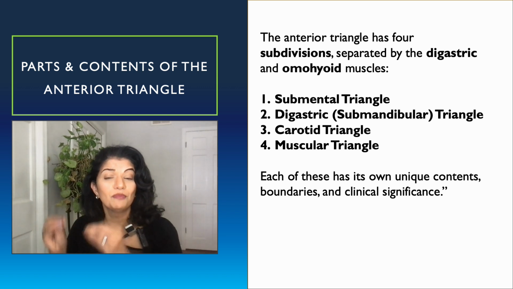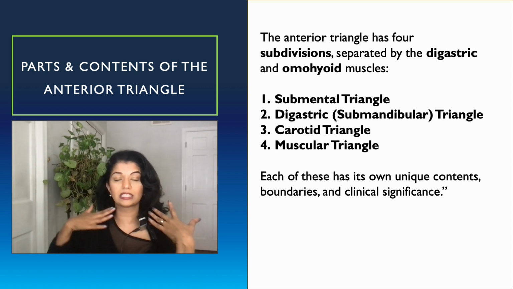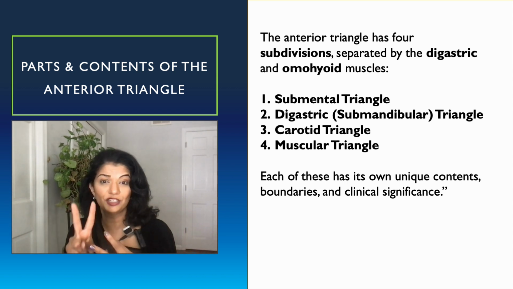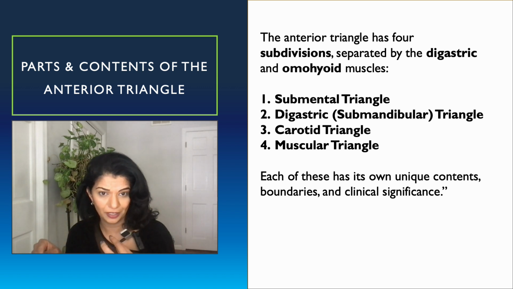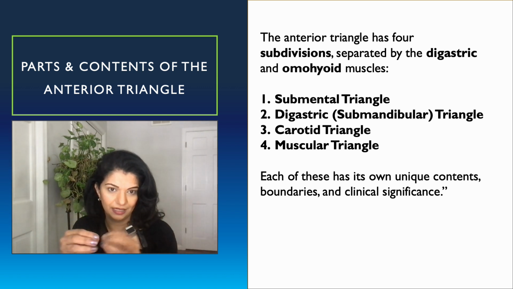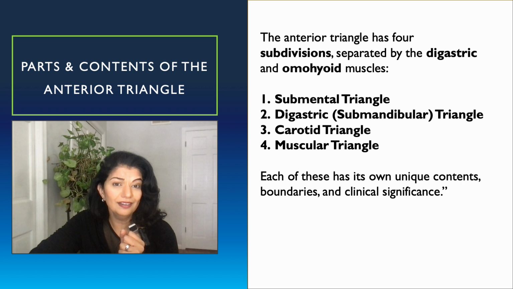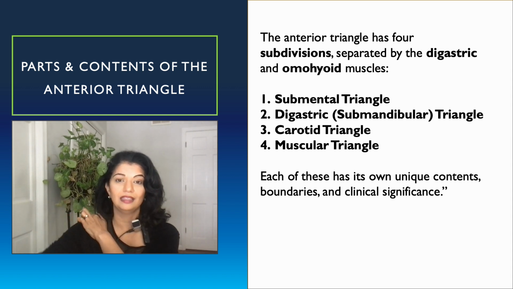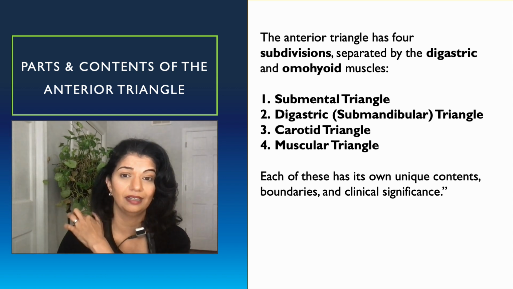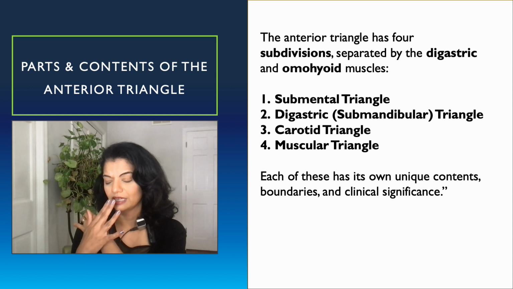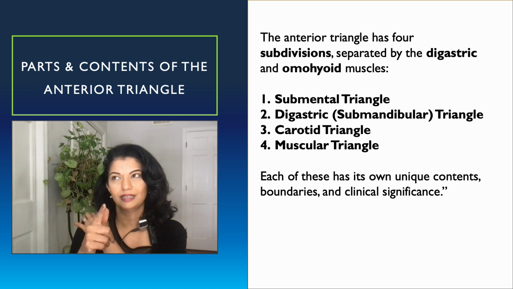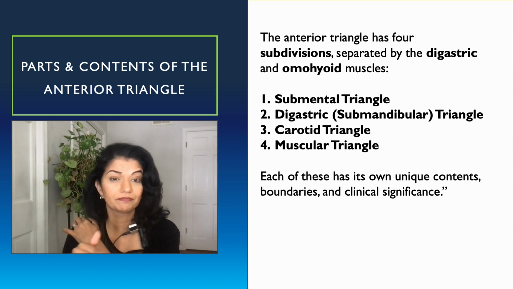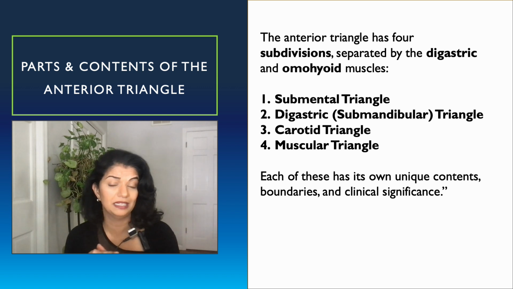Then we've got the omohyoid. Do you remember that one? It's more like a scarf. It also has 2 bellies, superior and inferior, which are connected by an intermediate tendon. The inferior one starts at the superior border of your scapula near the suprascapular notch, and then it inserts into an intermediate tendon.